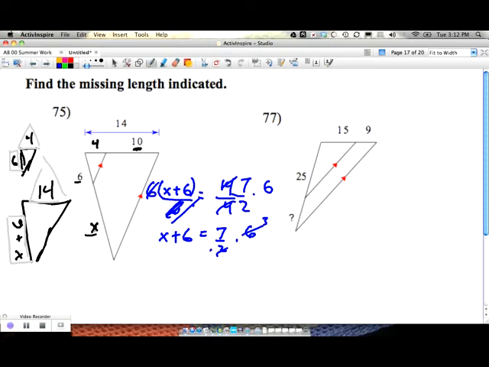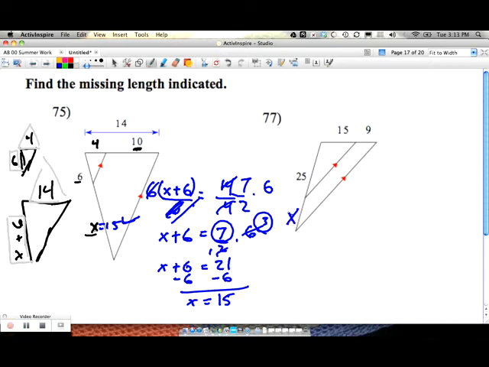But 2 and 6 simplify. Be a 3 on top and a 1 on bottom. So I have 7 times 3. So x plus 6 is equal to 7 times 3 is 21. Subtract 6 from both sides, you get x equals 15. So this right here is 15. Check.